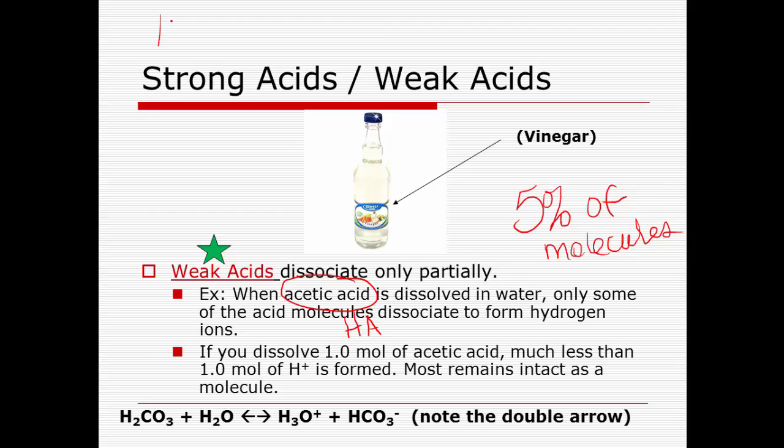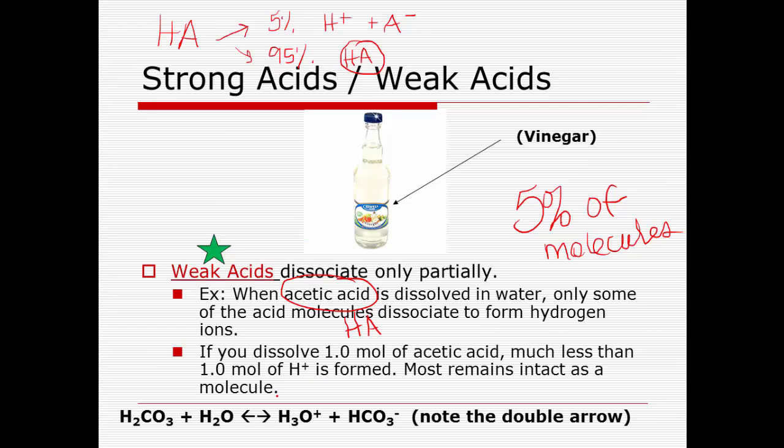If we have 100 HA molecules, okay, maybe only about 5% of them are actually going to turn into ions. The other 95% are going to stay as is. They're going to stay together as HA molecules. So we get very few ions produced, so they're actually weak electrolytes. They do conduct electricity, but just not quite as much, okay?